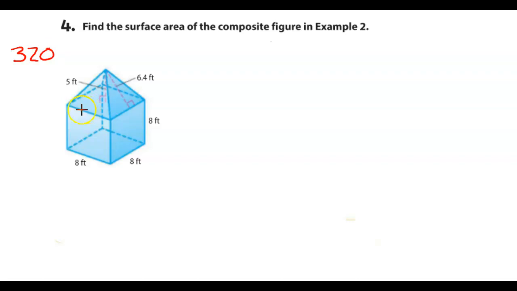So to find the area of this triangle right here, which is the same as this triangle here on the front, we're going to do 1/2 the base times the height, because that's the formula for the area of a triangle.